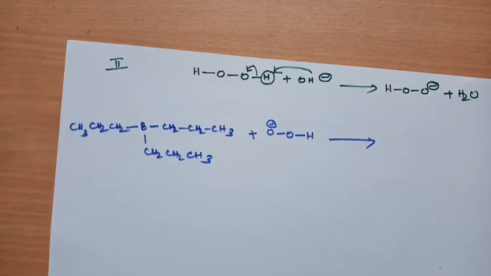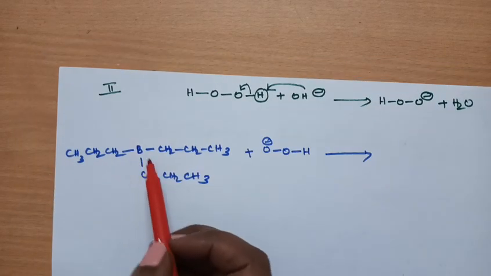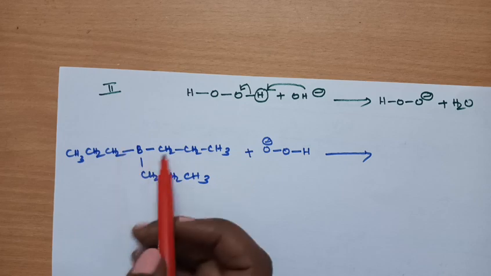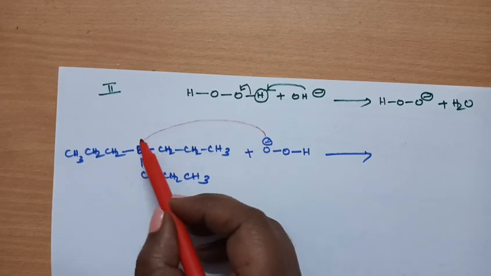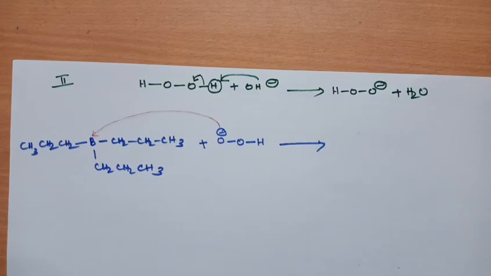Now what happens is, boron has only 6 electrons, 1, 2, 3, 4, 5, 6. So this is deficient of electrons, and the negative ion will attack this boron.